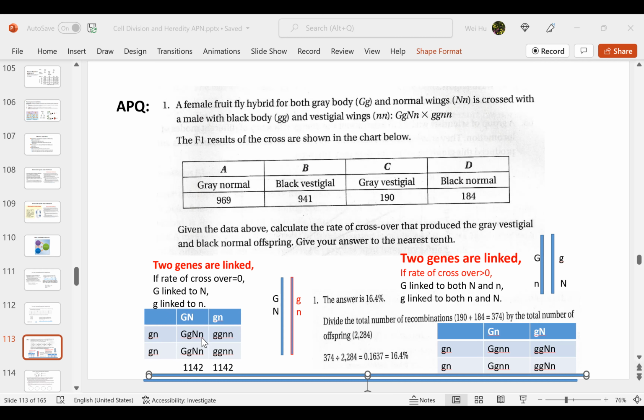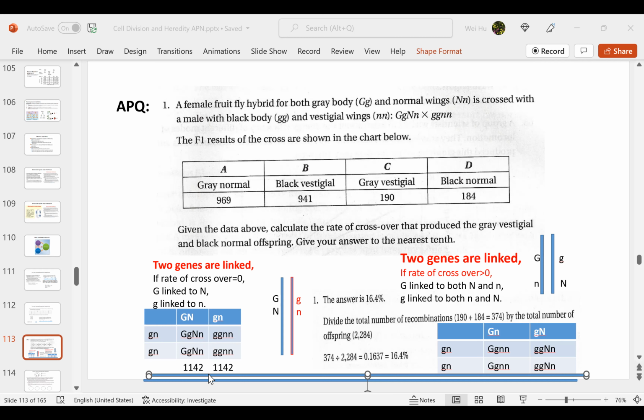So then what you get? So you will get half of big G, big N, and half small g, small n. Right? Got it? So let's see how many phenotypes. You have 4 phenotypes this time.